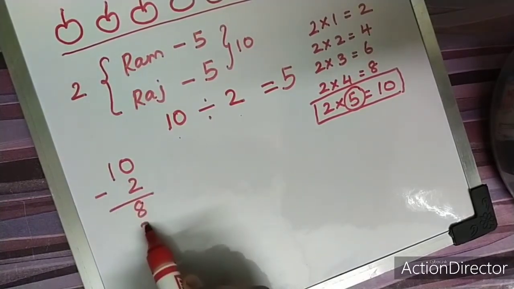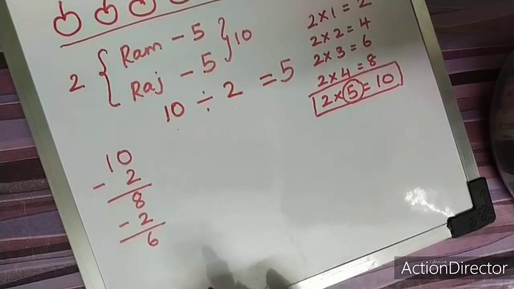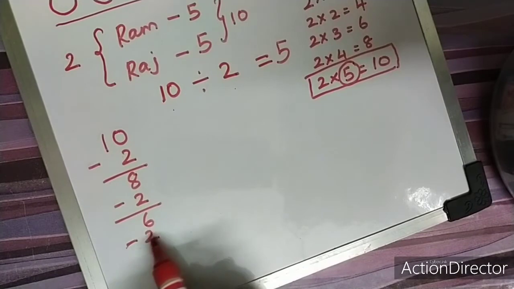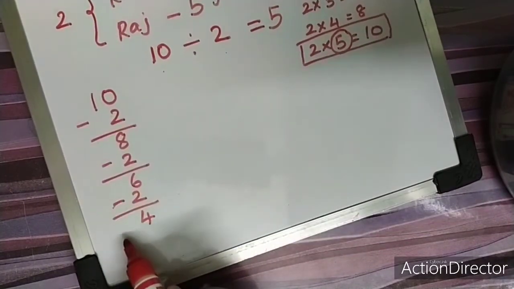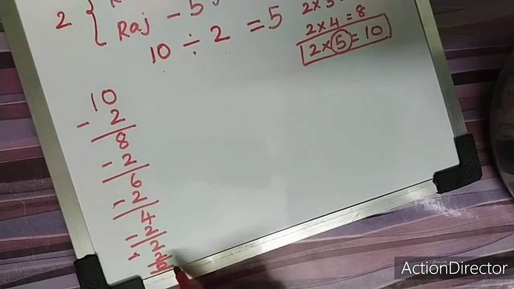Again 8 minus 2 is 6. Again 6 minus 2 is 4. Again 4 minus 2 is 2. Again 2 minus 2 is what? 0. Till I get 0, I have subtracted.